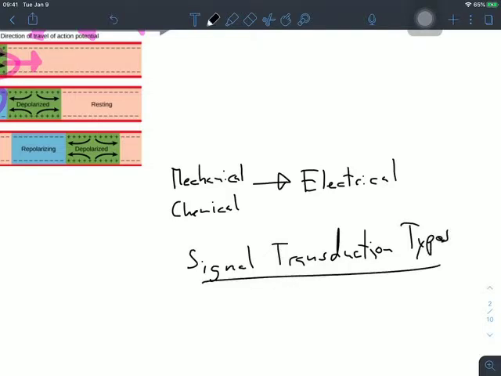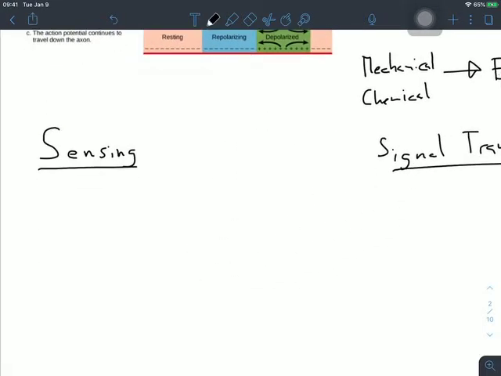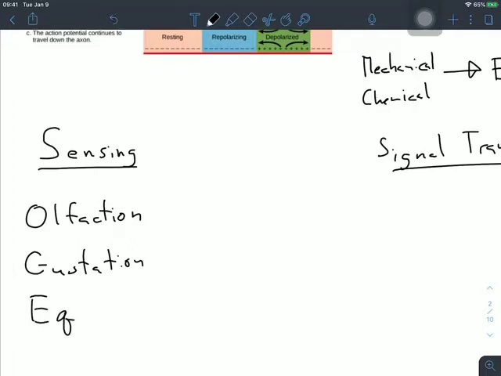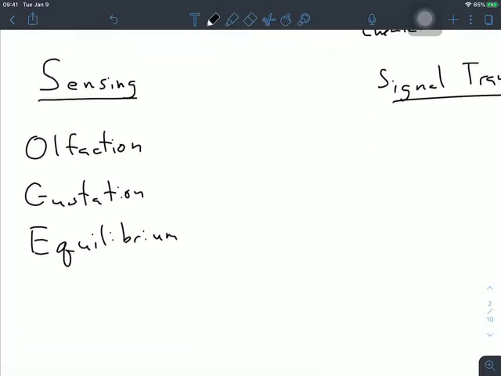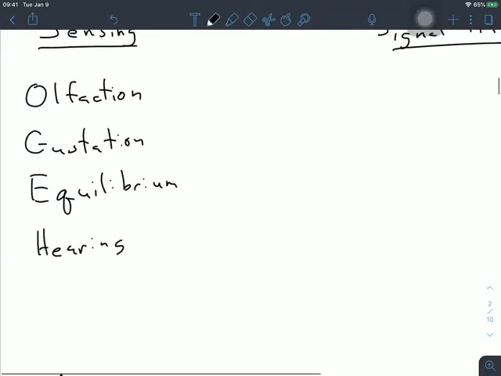Now, of course, you will be familiar with your 5 different senses: the sense of olfaction, the sense of gustation, the sense of equilibrium, and then the 2 that are fairly straightforward: the sense of hearing and the sense of vision.